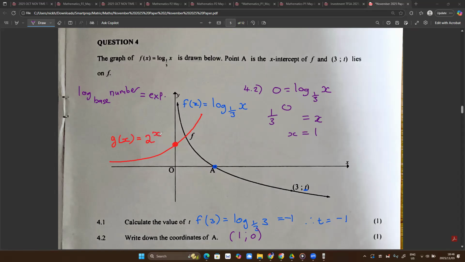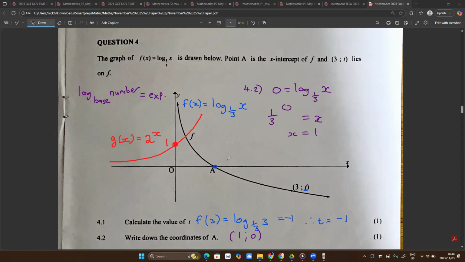Where you make x 0, 2 to the power of 0 is 1. Even if it was 3 to the x, it would still be 1. So remember our exponential graph, the y-intercept is 1.